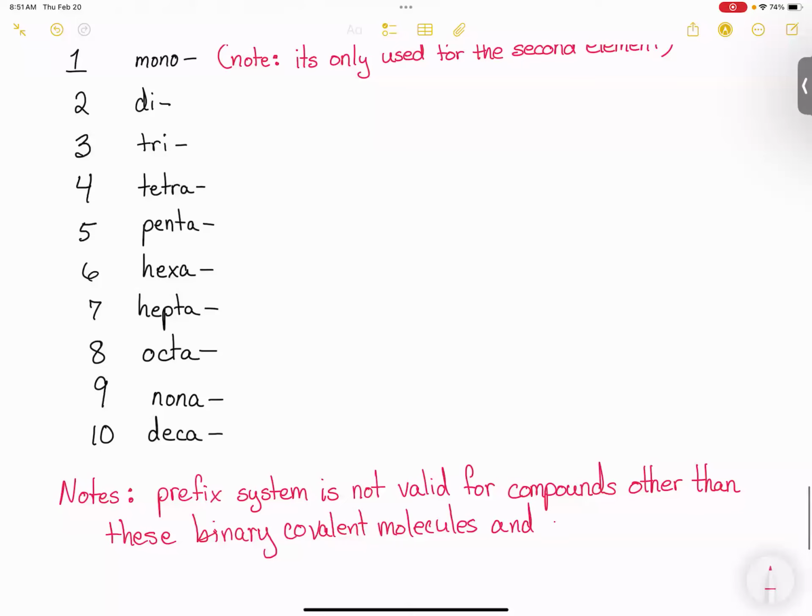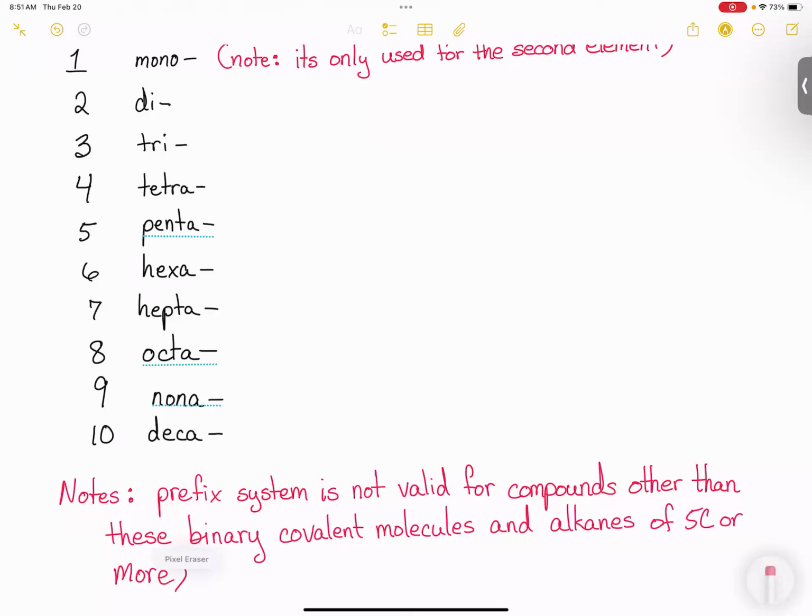And alkane of 5 carbons or more. You're not going to use it.